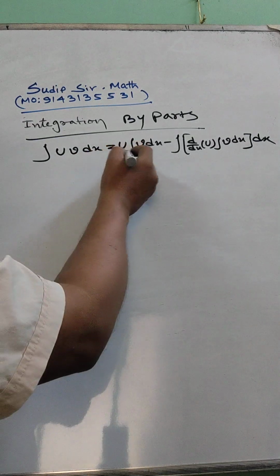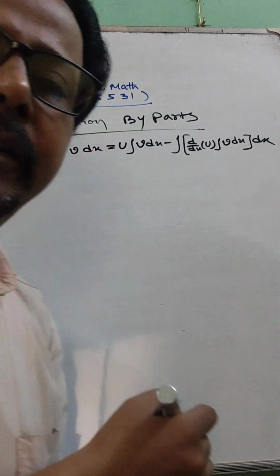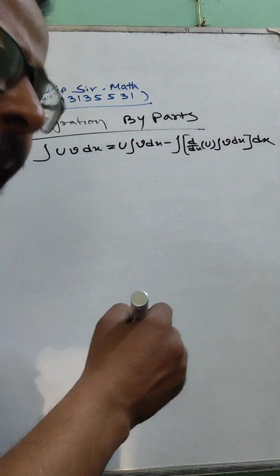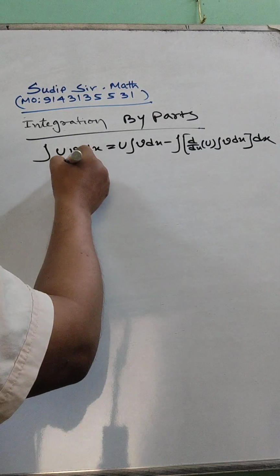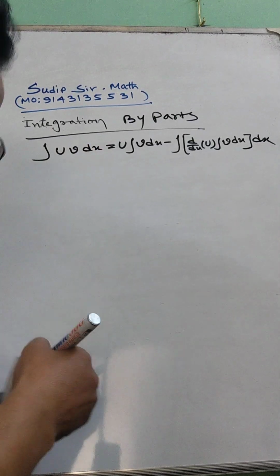Now it is very important to select U and V. The first function U, and the second function V, must be easy to integrate.